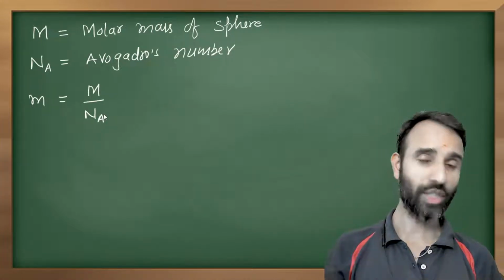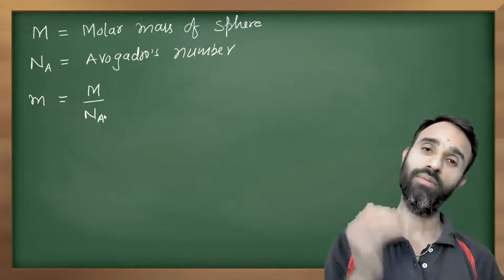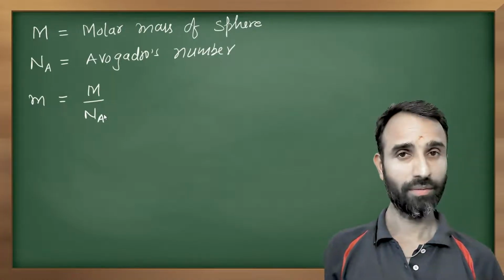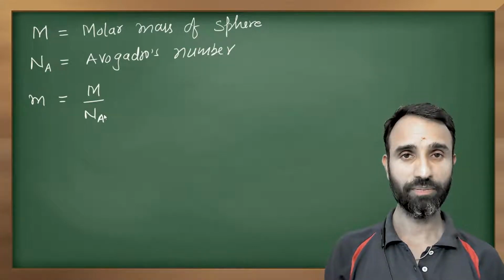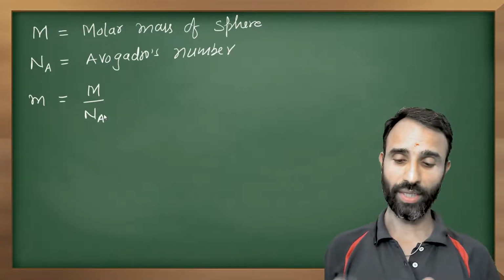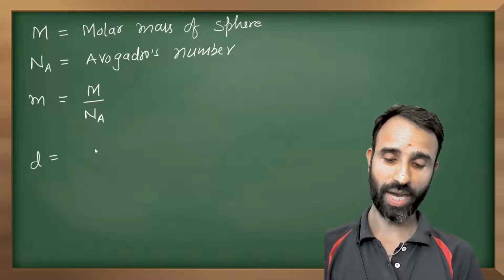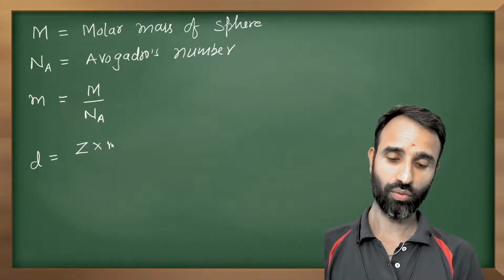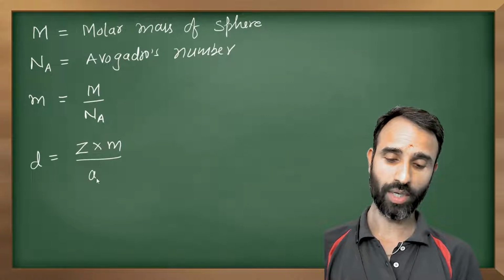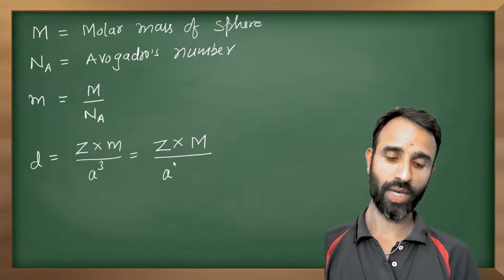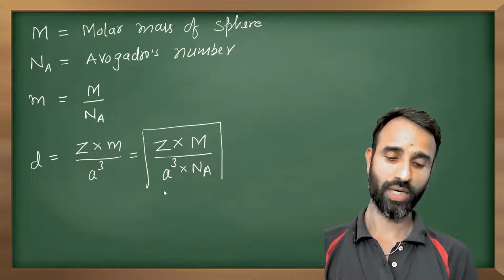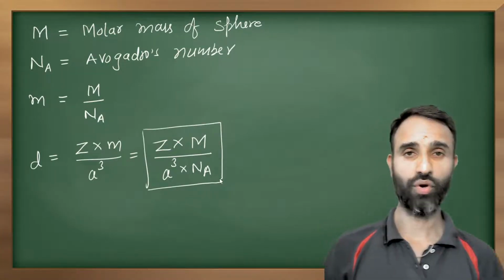So mass of one sphere is molar mass divided by Avogadro's number, because in 1 mole there are Avogadro's number of particles, right? So now d, as we write Z into small m over a cube, becomes Z into capital M over a cube into Na. So this is the relation for density.